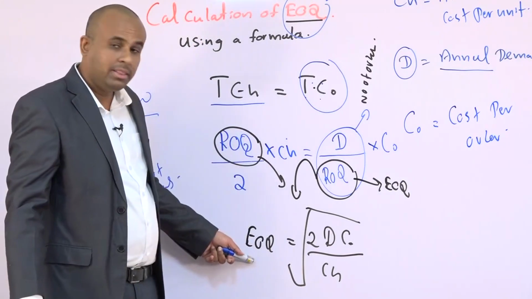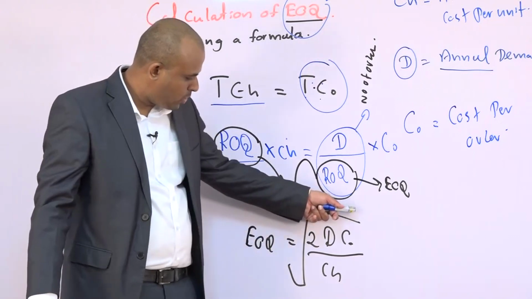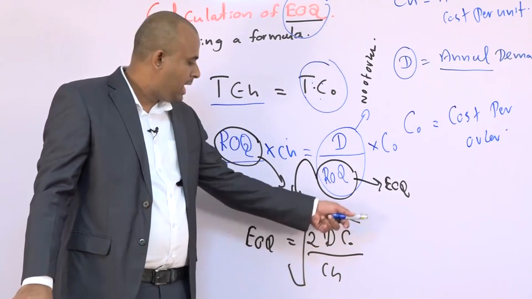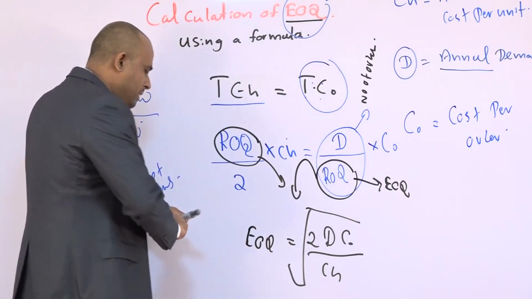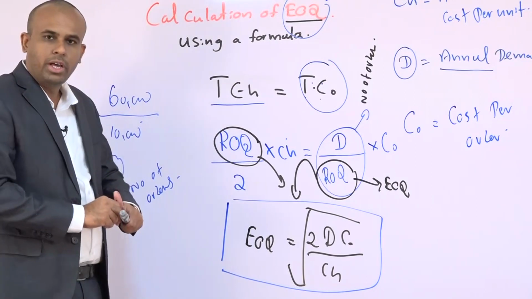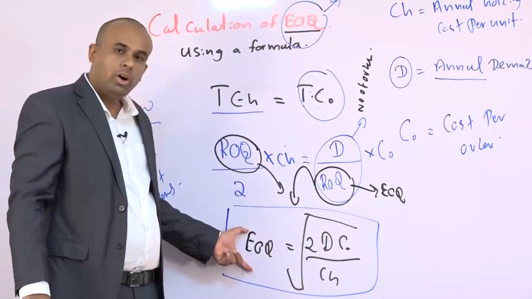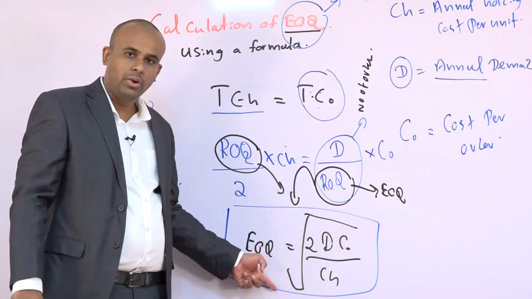So this is the formula that you could use in calculating the economic order quantity. Economic order quantity equals the square root of 2dCO divided by CH.